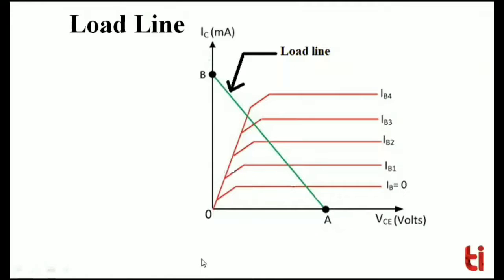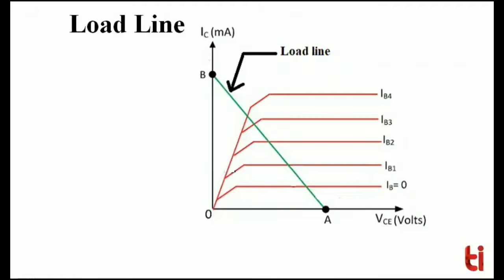This diagram shows the output characteristics. Basically, output characteristics is a curve between collector current and collector to emitter voltage at different base current. In this output characteristics of a bipolar junction transistor biased in common emitter configuration, the green line shows the DC load line or static line. It has two endpoints, point A and point B.